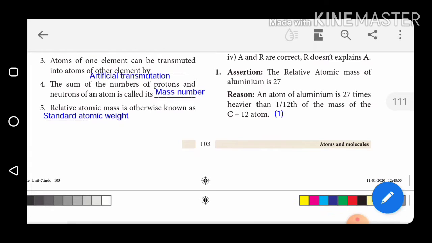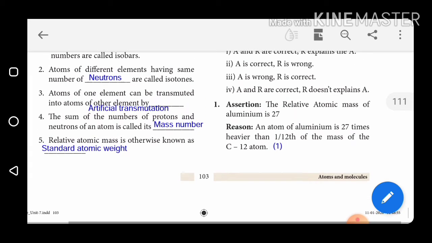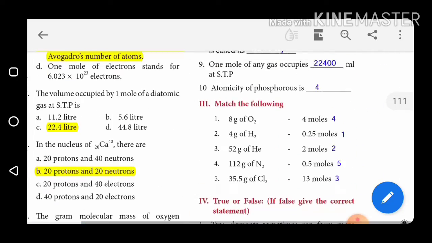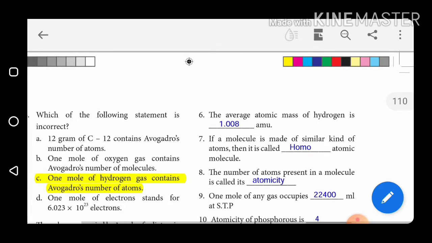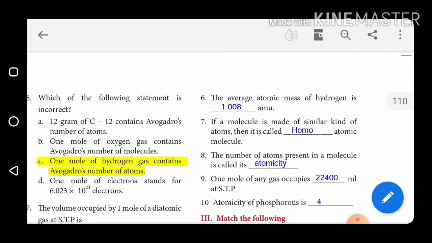Fifth one, relative atomic mass is otherwise known as dash, that is standard atomic weight. Next one, that is sixth one, the average atomic mass of hydrogen is 1.008 AMU. Seventh one, if a molecule is made of similar kind of atoms, then it is called dash atomic molecule, homoatomic molecule.